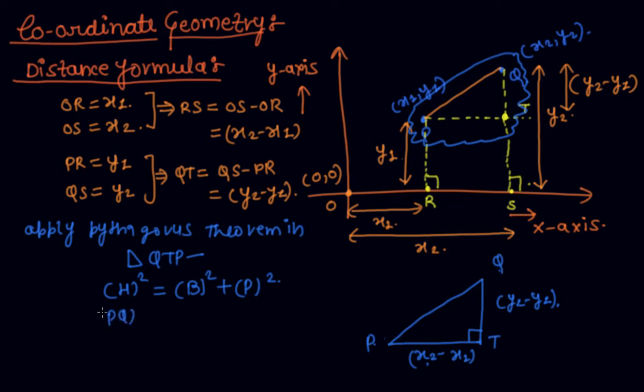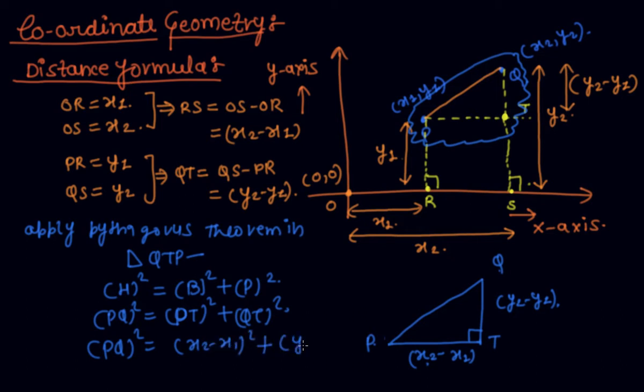Now PQ square is equal to PT square plus QT square. Now put the values: PQ square is equal to (x2 minus x1) square plus (y2 minus y1) square.